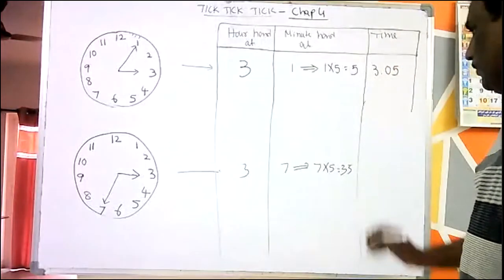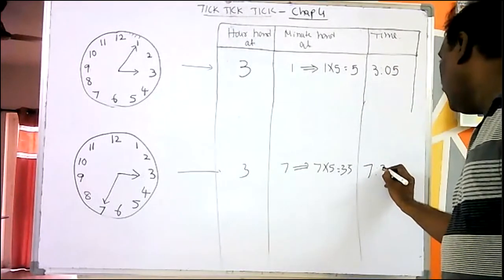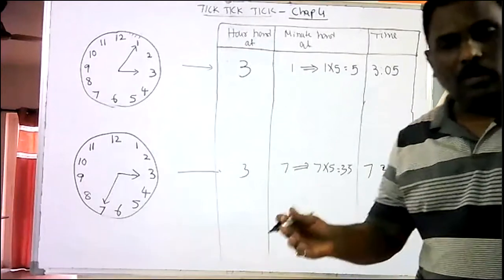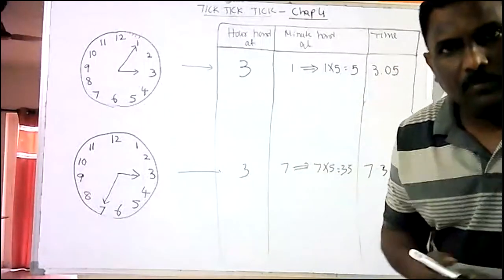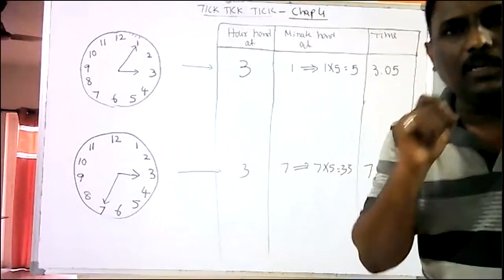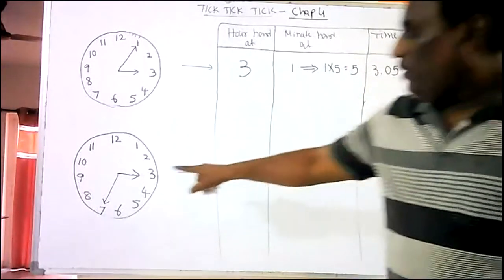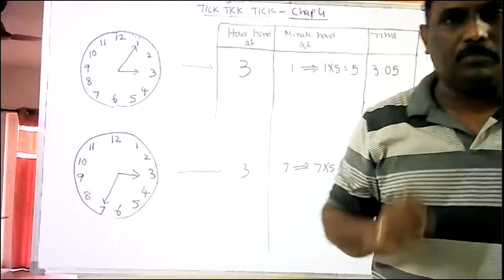Don't forget. So the time will be 3:35. If it is morning, then AM. If it is afternoon, it is PM. Here we are bothered only about the identification of the time. So wherever the minute hand is, you have to multiply that with 5.